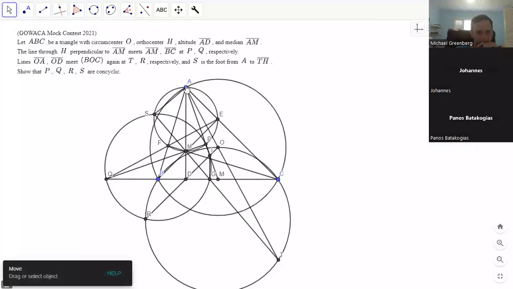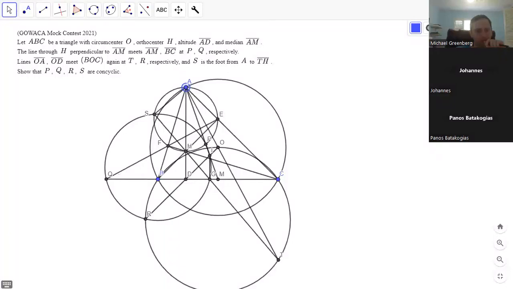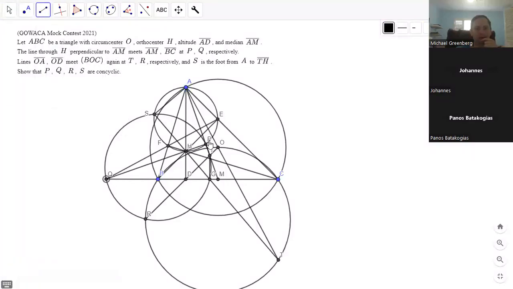I think so. By definition, yeah. So Q is the X point and P is the Humpty point. But in the problem, it just says the line through H meets these two lines at P and Q, so they're all collinear. Okay. So yeah, by definition.